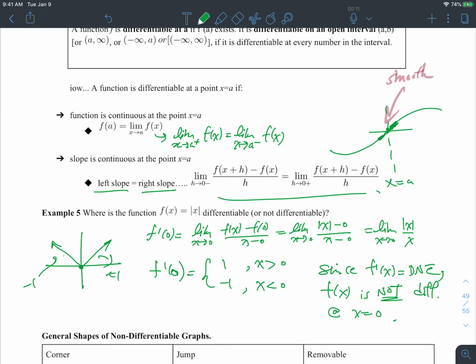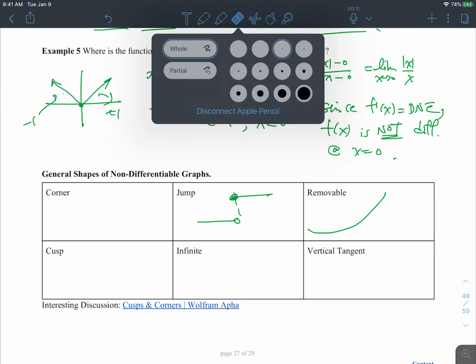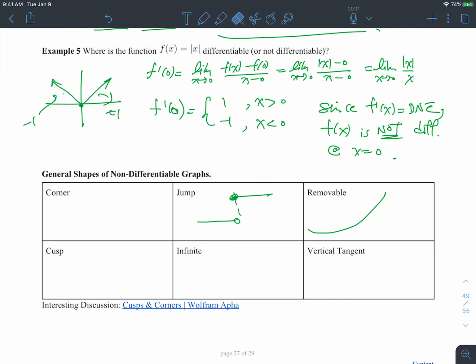That was it, guys. All right, so let's talk about the general shape. Jump, we know, so there's a bit of a jump. Removable is where you could have some sort of nice, let's go with partial. There you go.